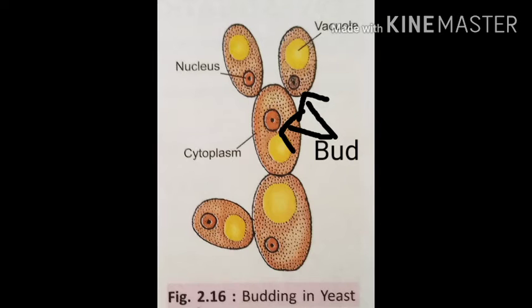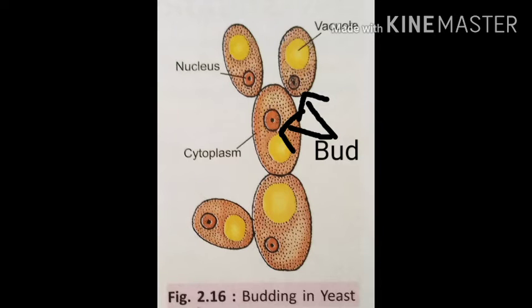These buds develop into tiny individuals, and when they fully mature, they detach or separate from the parent body and become independent individuals. In fungi, asexual reproduction generally takes place by binary fission, budding, regeneration of fragments, or through spore formation.